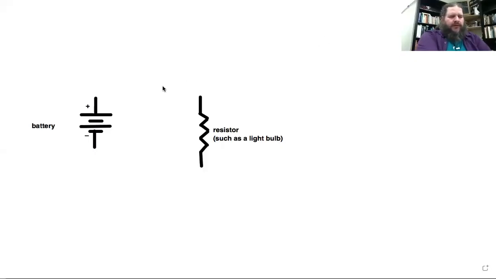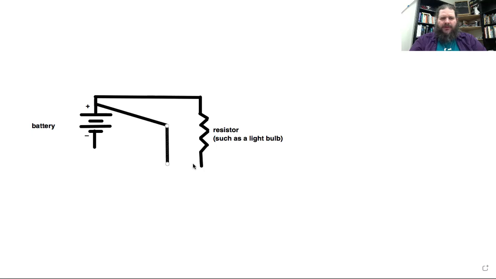So we have the battery, we have the light bulb, and if we want to connect those, if we just connected them as positive terminal of battery connected to one side of the light bulb, and also positive terminal of the battery connected to the other side of the light bulb.